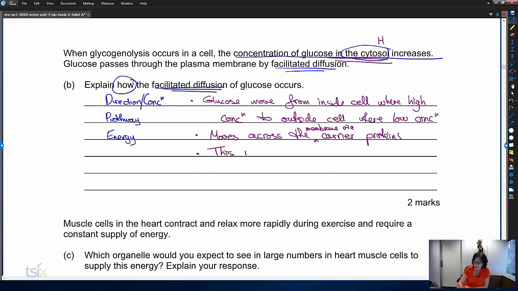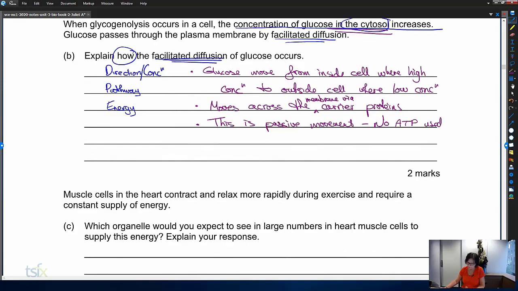This is passive movement. That means no ATP is used. And I know it's again worth 2 marks, but all 3 aspects had to be explained. And if you got one of them wrong, then you only got 1 mark. So it's important to read questions and don't presume.